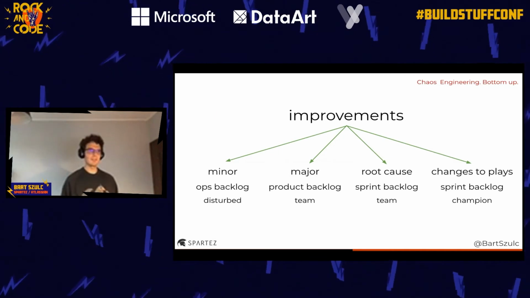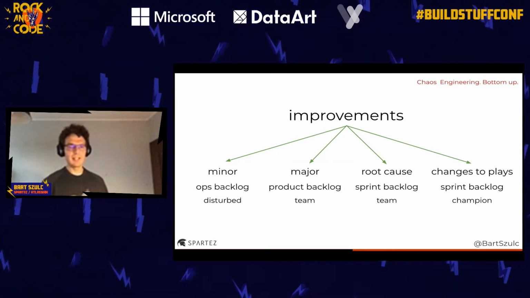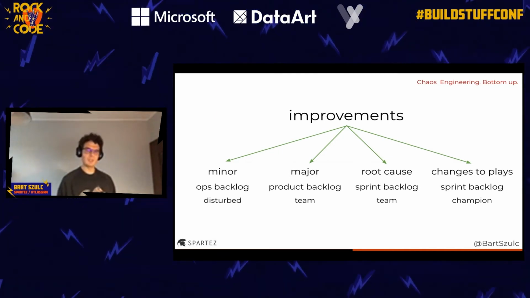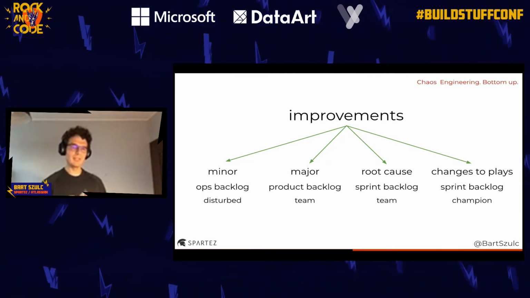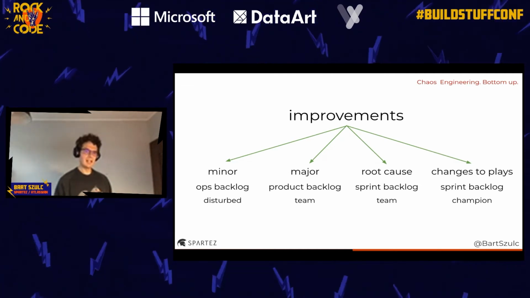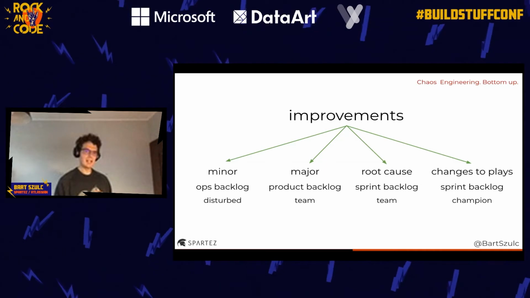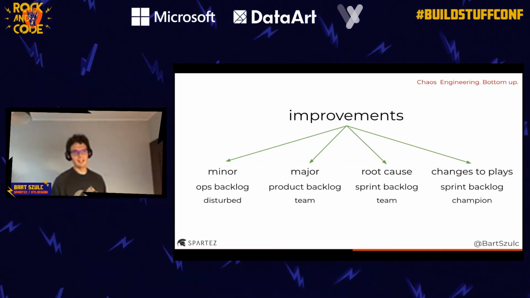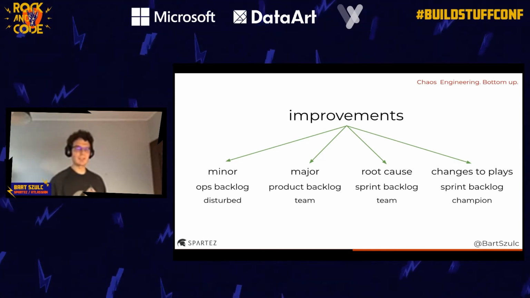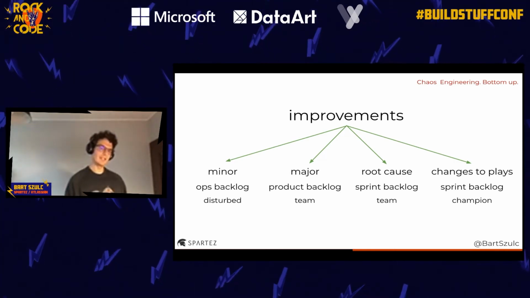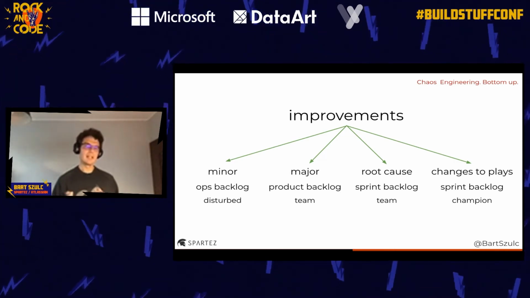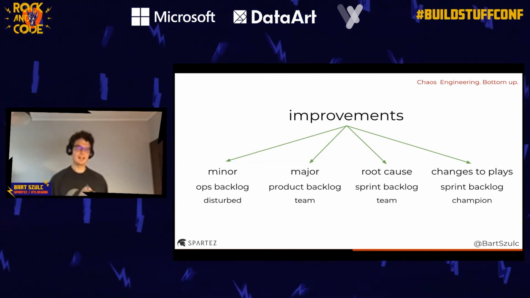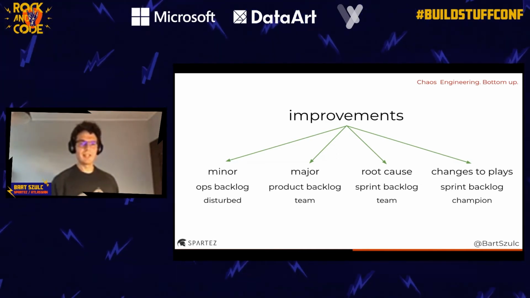The third category of improvements is root cause analysis. Sometimes we are able to perform root cause analysis during the chaos engineering sessions. Often we need to understand what we failed, what was the root cause, and we do that in order to suggest valid improvement actions.